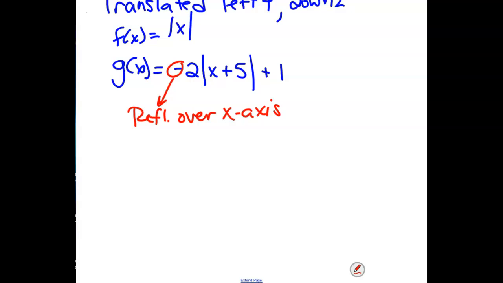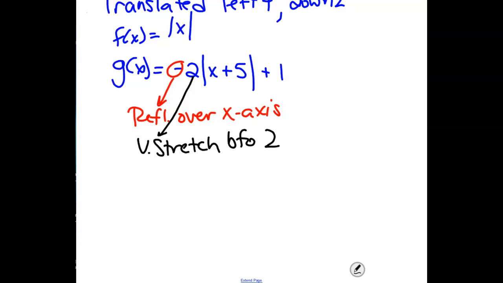The 2 caused it to do a vertical stretch by a factor of 2. All right. So that -2 in front is doing 2 things. It's flipping it over and it's making it stretched.